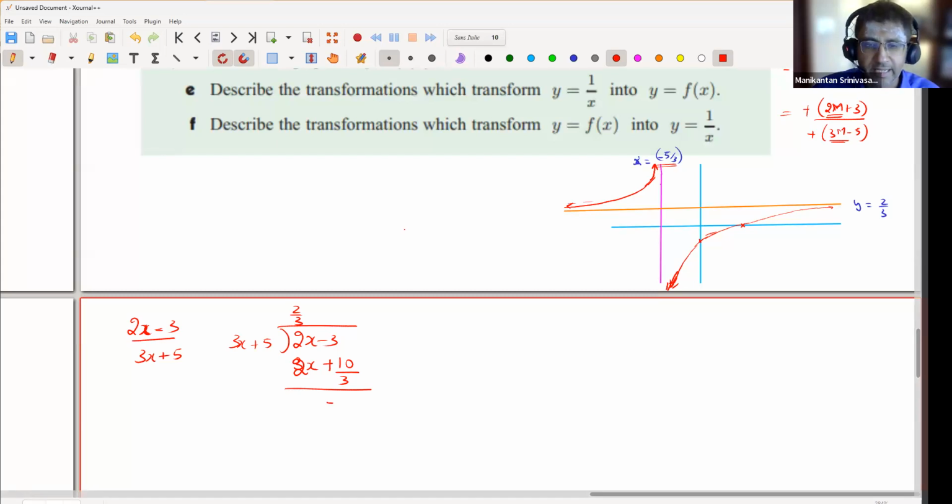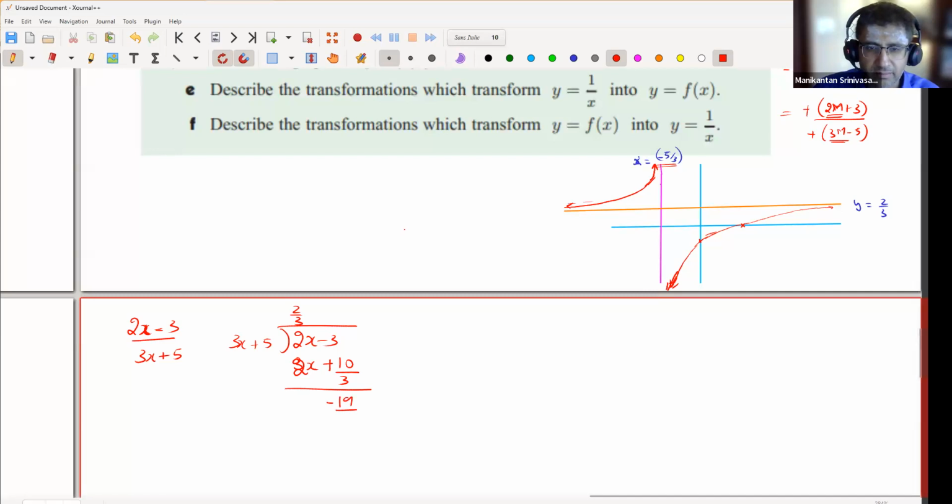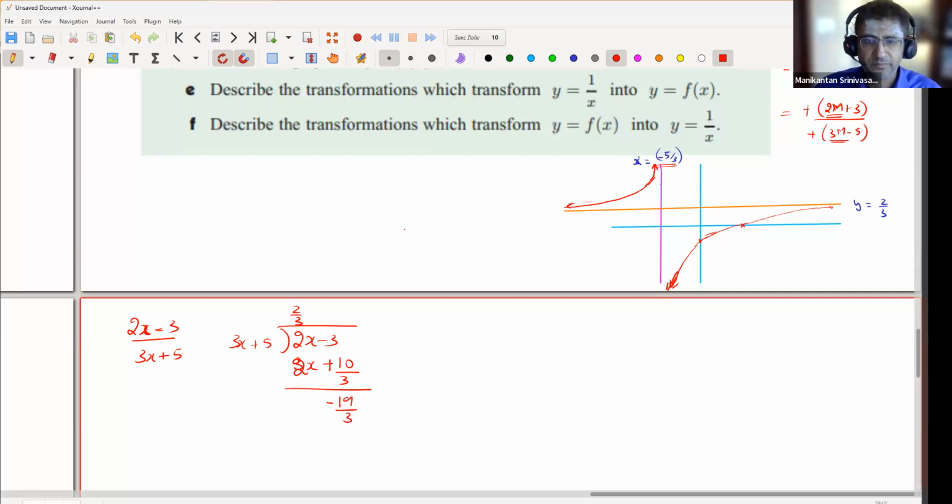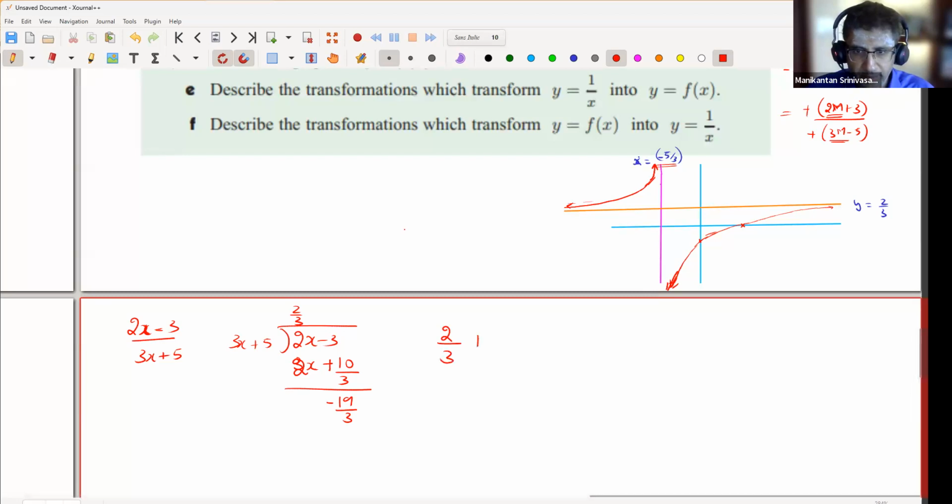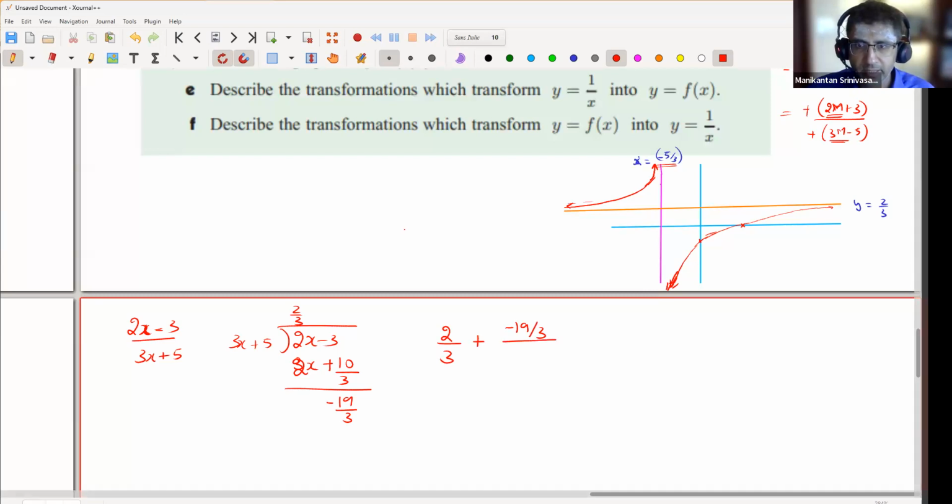Help me, guys: minus 19 by 3, I guess. So net, the quotient is 2 by 3, and the remainder is minus 19 by 3, giving minus 19 by 3 upon 3x plus 5.